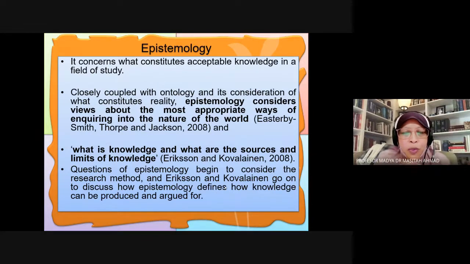If in ontology we talk about reality, when it comes to epistemology we talk about how knowledge can be produced, in what way, and whether the knowledge can be argued. For example, like just now we talked about shopping.